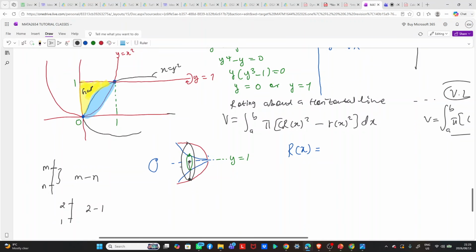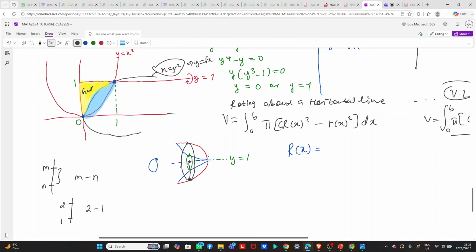So now here I have the line y equals 1. So this is 1, and this here is the red function. Which function? This one, x equals y squared, which we rewrote and said is the same as y equals square root of x.